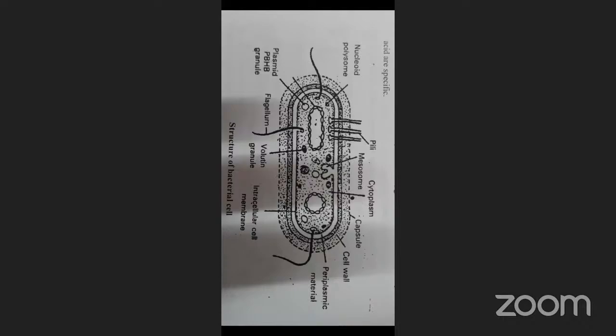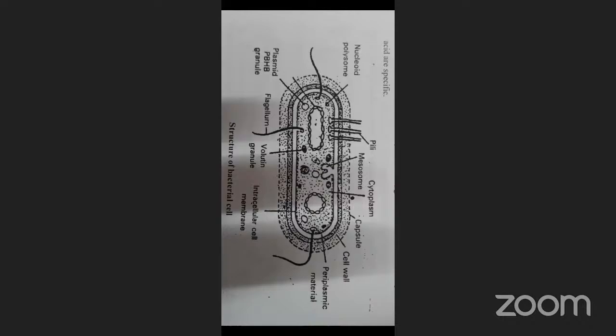What are the components? A complex mixture of carbohydrates, proteins, lipids, peptides, purines, pyrimidines, vitamins, and coenzymes. The endoplasmic reticulum and Golgi bodies are absent in the cytoplasm of bacteria, right? And the cytoplasm consists of some reserve food materials: fats, polysaccharides, phosphates.